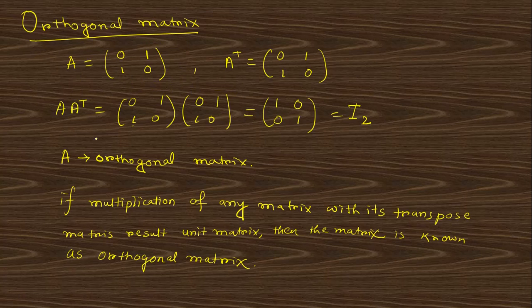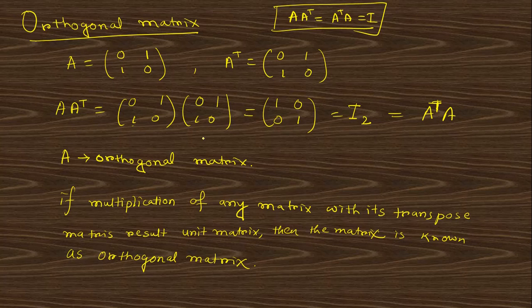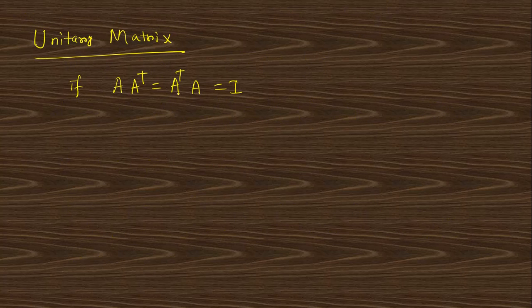In the same way, in the case of an orthogonal matrix, A transpose A must also equal I. So in the case of an orthogonal matrix, A transpose A equals I. In the case of a unitary matrix, you can write A dagger, the transpose of the complex conjugate matrix, A dagger A must equal I. This is the property of a unitary matrix.